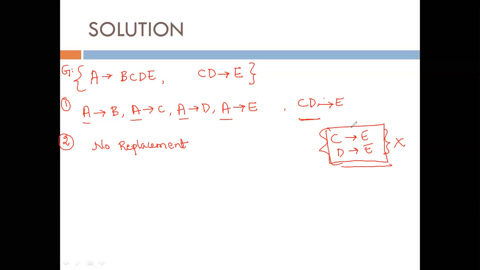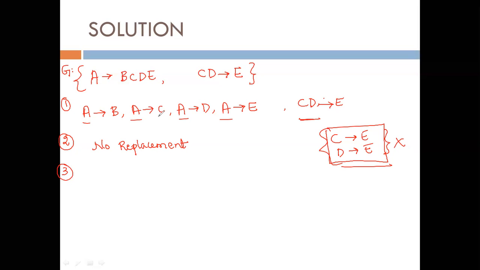In step 3 we want to see if any functional dependency is redundant. Do we have any redundant one?